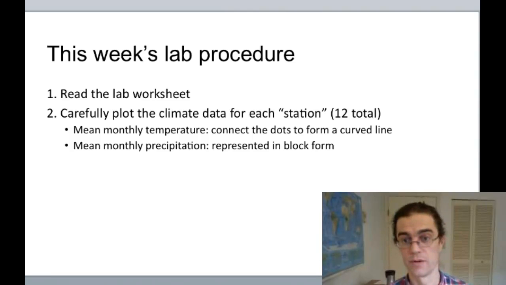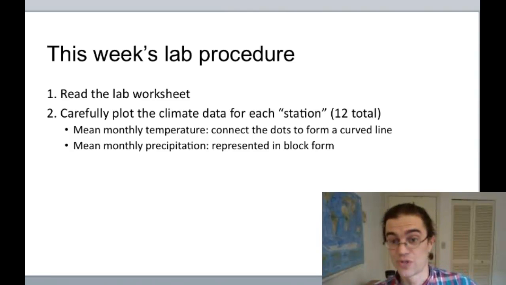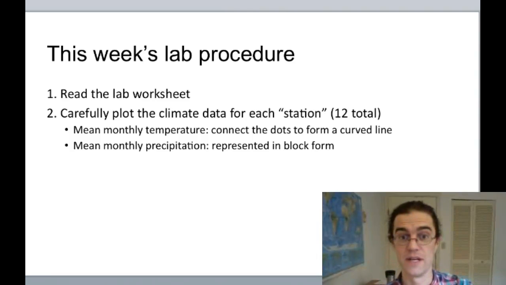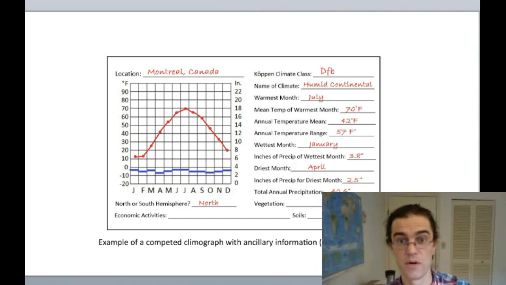I know some of you are quite skillful with all the different digital tools that exist these days. And this will make more sense as we dive in here: plotting for each station the mean monthly temperature, connect the dots to form a curved line, and the mean monthly precipitation representing block form.